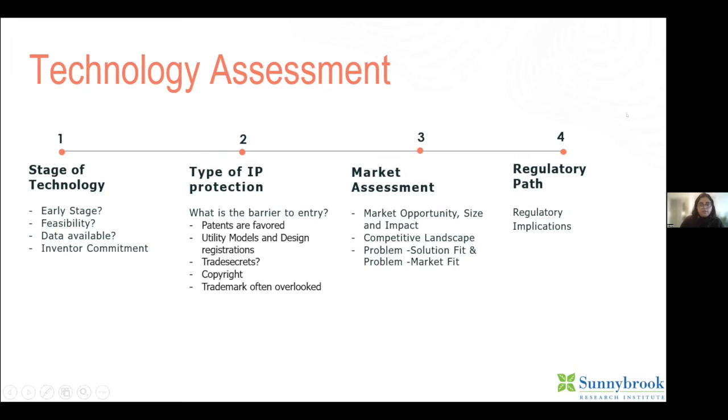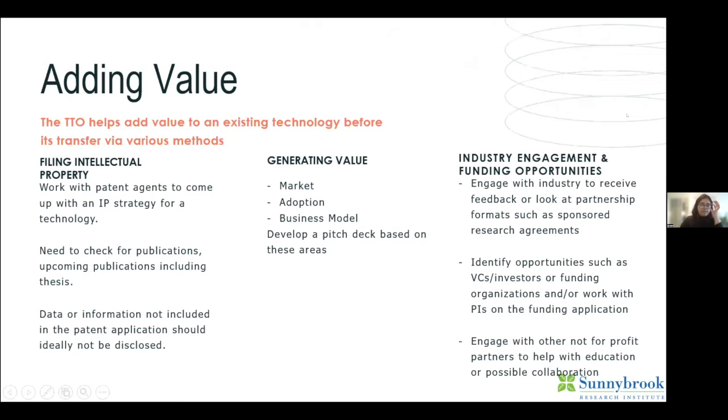Okay, so moving forward, the aspect that I think does add a little more value to your invention or idea, or gives you more to think about at this point, is, of course, that the Tech Transfer Office will help you file intellectual property. When you're filing IP, there are a number of questions that you're answering, whether it's talking about what exists in the prior art, what is a person skilled in the art going to think about this technology?